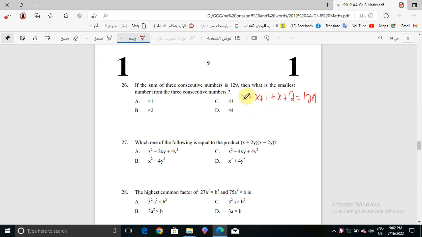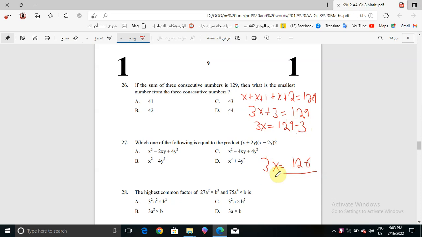Then what will we make here? x plus x plus x will be 3x. Then 2 plus 1 will be plus 3, equal to 129, right? Then 3x is equal to 129 minus 3. So that means 3x is equal to 126.